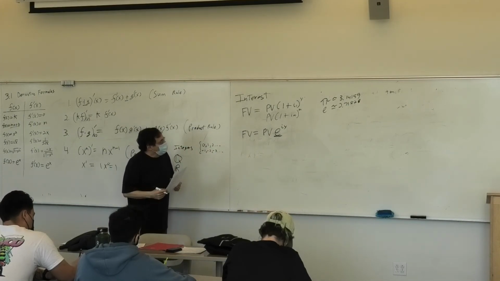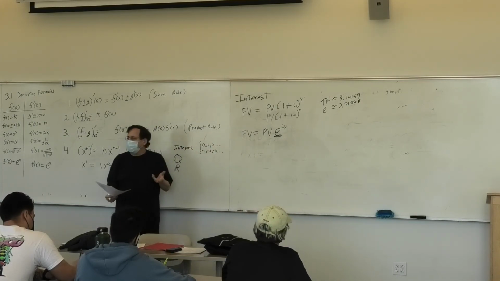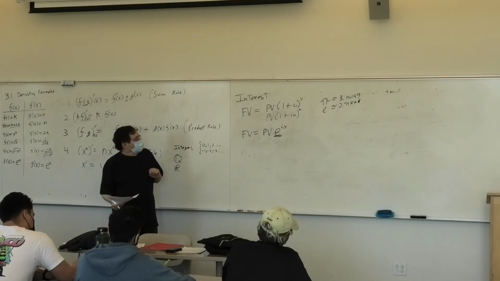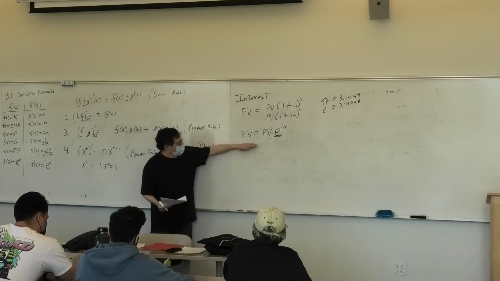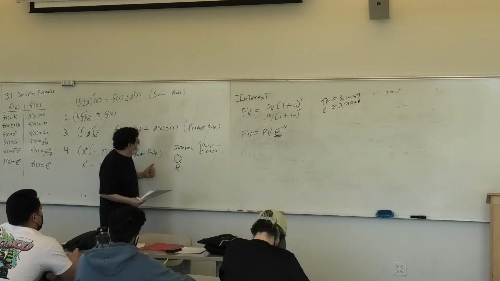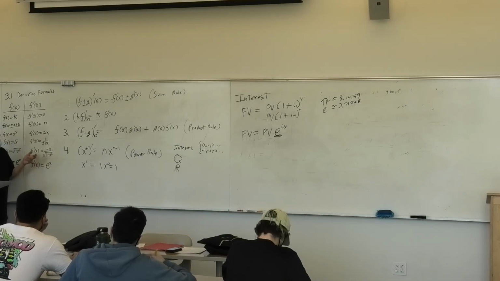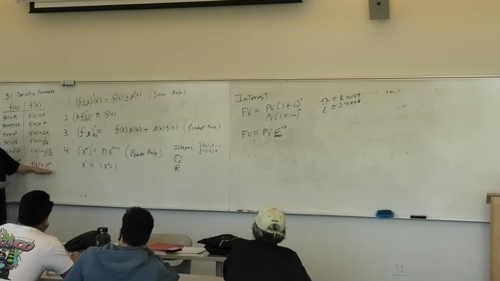E, Euler's constant, is probably the second most important number in mathematics. It shows up in lots of places, in interest, and it just showed up in calculus. It's the only constant where if you find the derivative of the exponential function, you get the same function back.